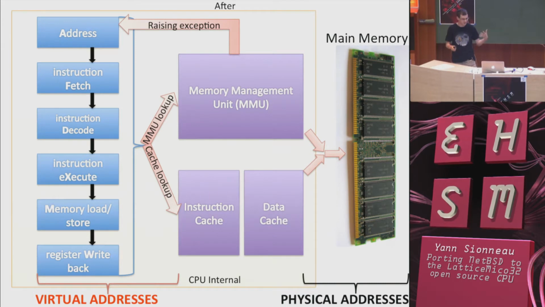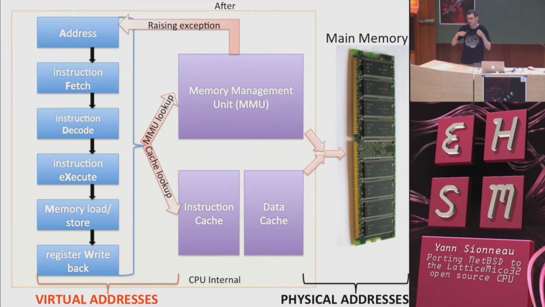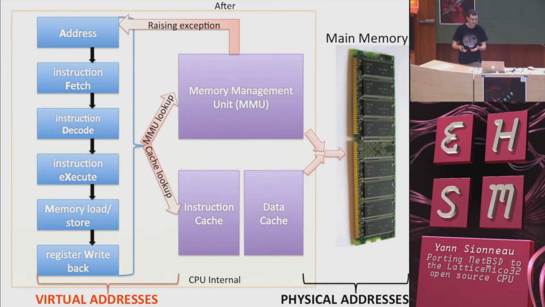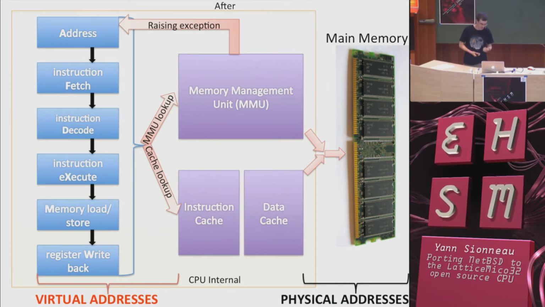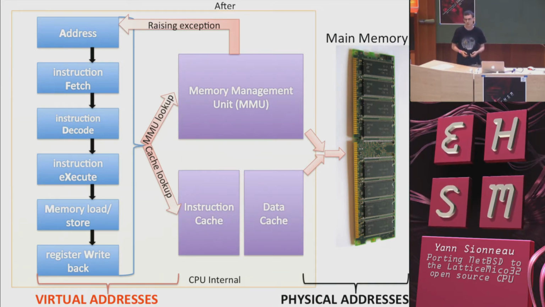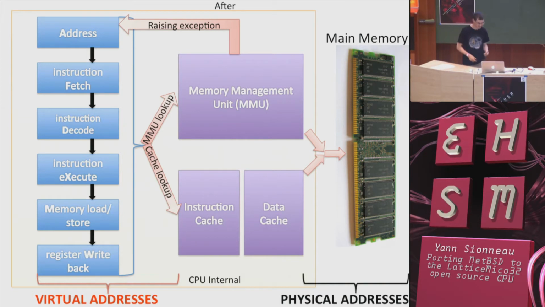So you're feeding the virtual address to the memory management unit. It's going to translate it into a physical address. And then this physical address is going out to main memory. So that's the modification done to allow the CPU to run a modern operating system.